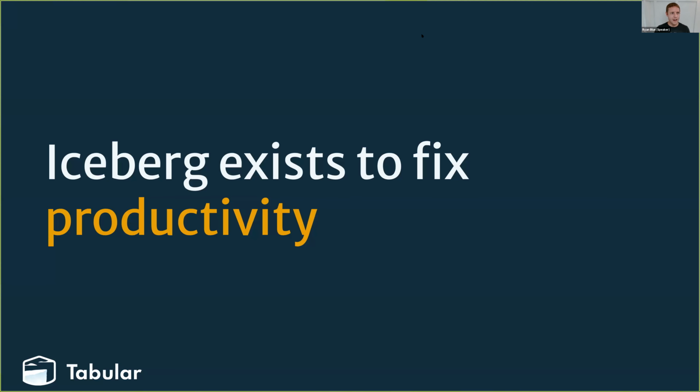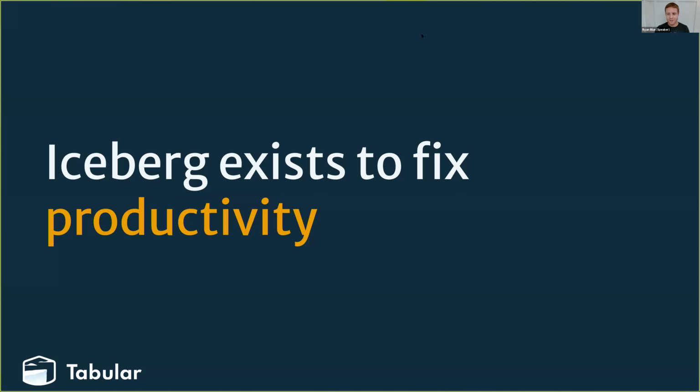So the high level here is that Iceberg exists really to fix the productivity of data engineers, data analysts, data scientists, and basically anyone that is using data for a living. We built this at Netflix because we saw a need here. And frankly, we saw a lot of converging needs.